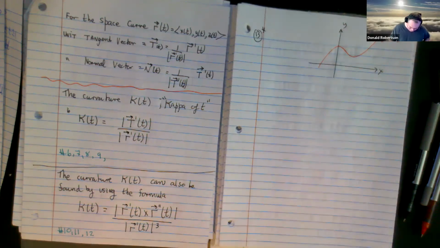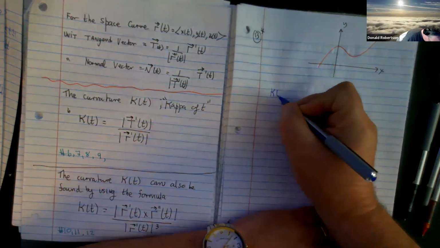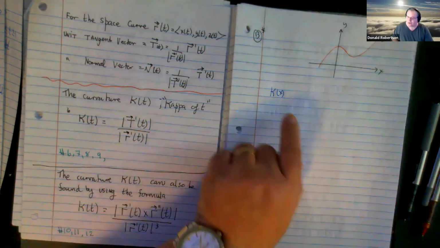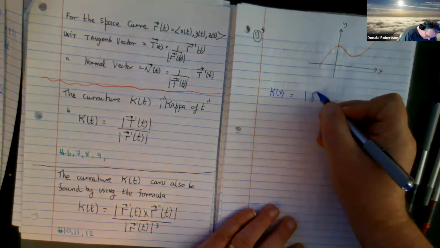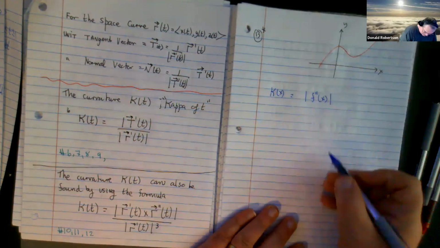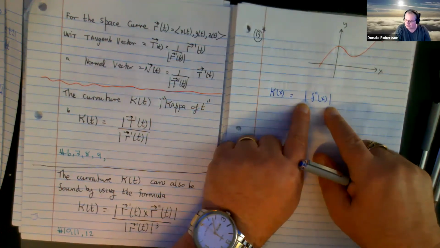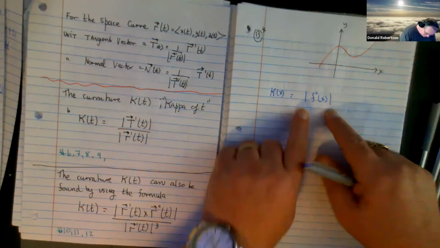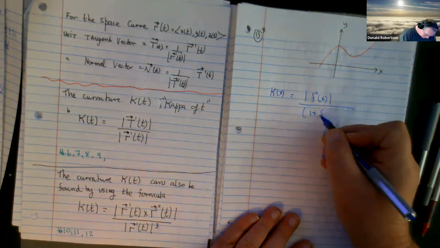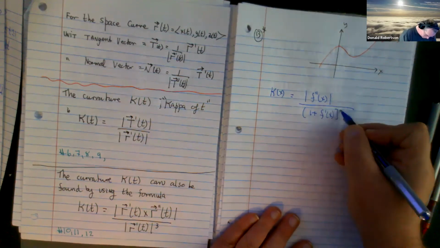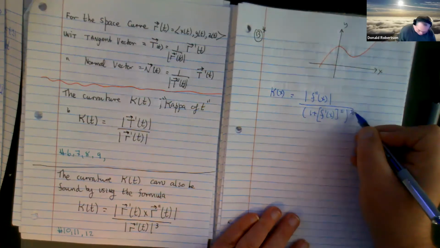The formula for it is called kappa of x, the x coordinate, and it is equal to the absolute value of the second derivative, which just makes it positive, divided by 1 plus the first derivative squared, all raised to the power of 3/2.